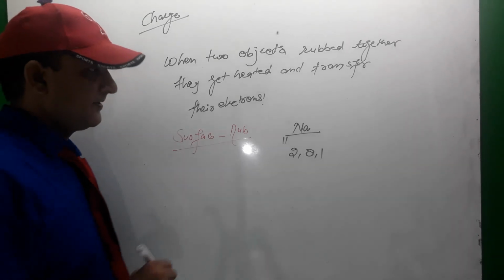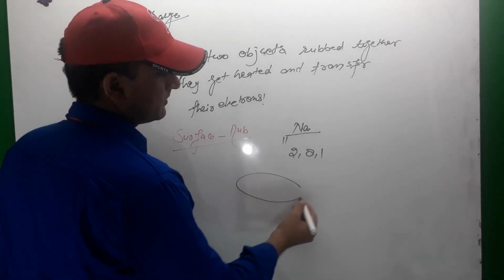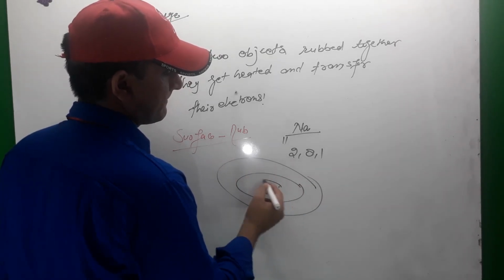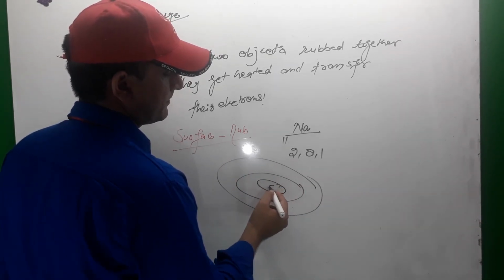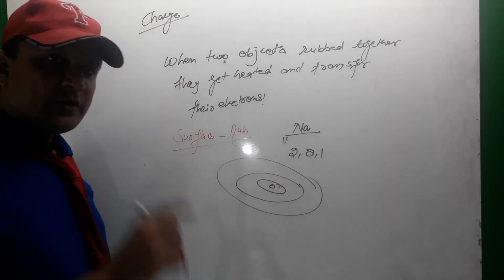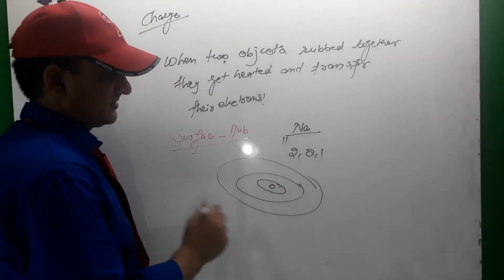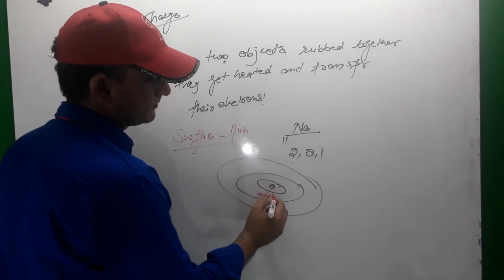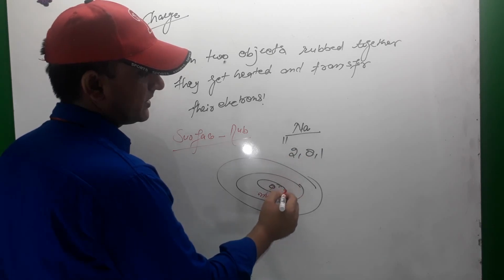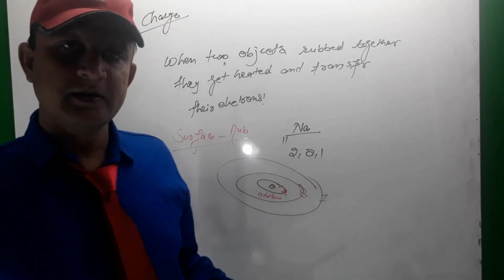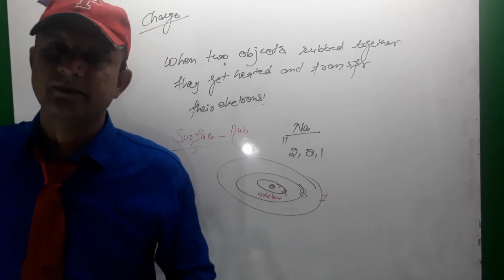So in the same way, in the sodium, electrons revolve like this. It is the nucleus. Here 2 electrons, here 8 electrons, and in this orbit is 1 electron.